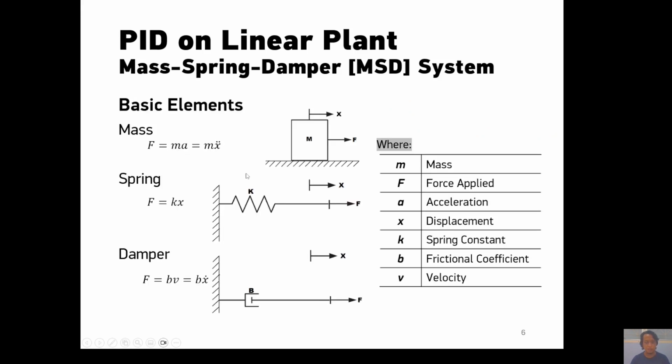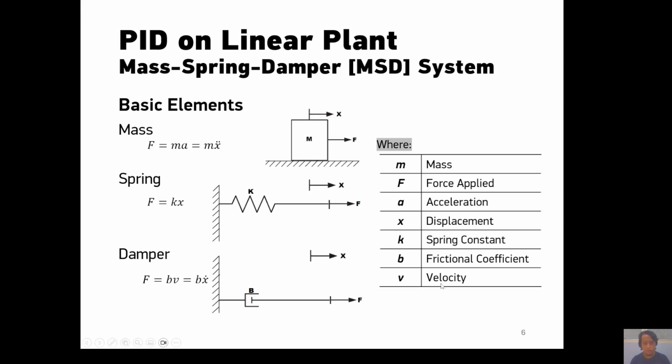In the previous video, I already mentioned that there are 3 elements: mass, spring, and damper. M is for mass, F is the force applied in the mass spring damper system, and A is acceleration. When A is configured in the X displacement, it will be X double dot.